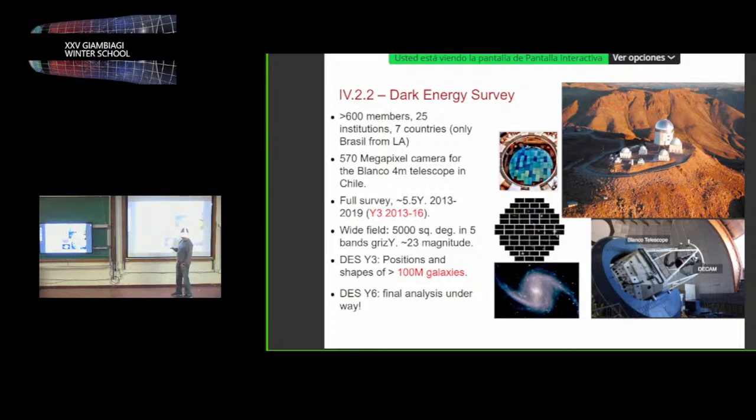So the final analysis is coming out soon, hopefully in 6 months or so. It's a wide field survey with 5,000 square degrees. That's the area that we're covering in 5 bands. It goes down to magnitude 23. And we have positions and shapes of more than 100 million galaxies. So it's really big data, okay? To explore all this data is not easy. And as I said, we are on the way to our final analysis soon.